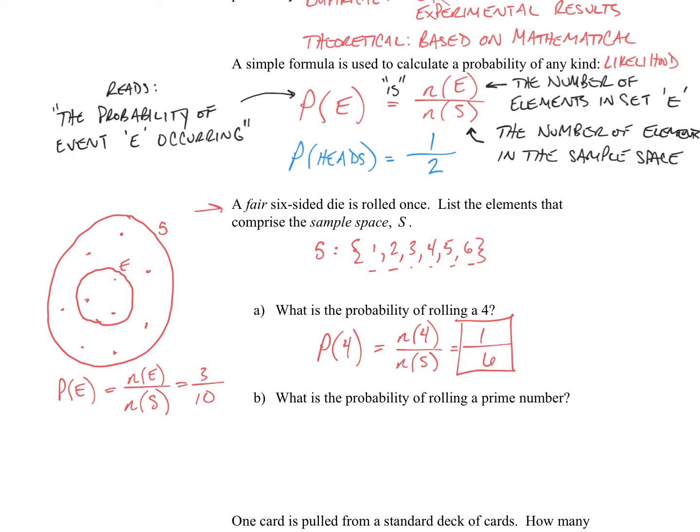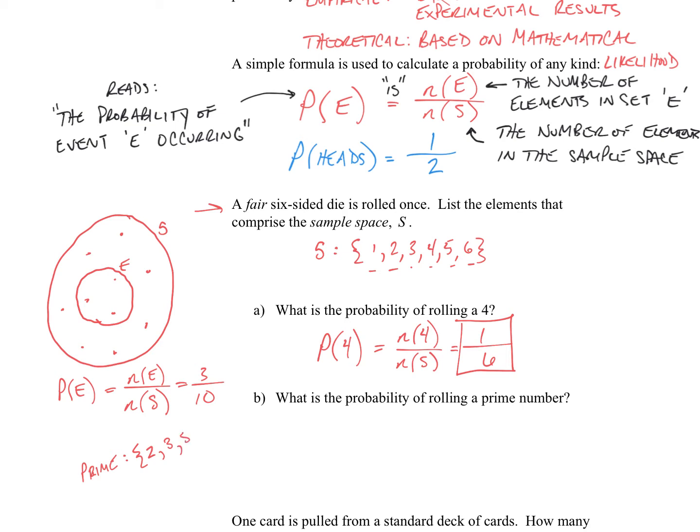B, what is the probability of rolling a prime number? Well, to answer this question, I think we need to think about what are the prime numbers, just kind of off to the side. Prime numbers are numbers whose factors are just 1 and themselves, which means 1 is out, actually, because 1 is itself. So we don't include 1 in the set of prime numbers. 2 is the first prime number. 3 also, its only factors are 3 and 1. 4 is out because 2 is a factor of 4.